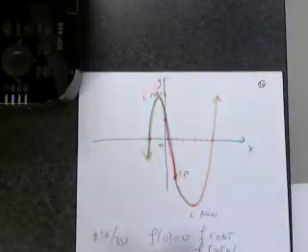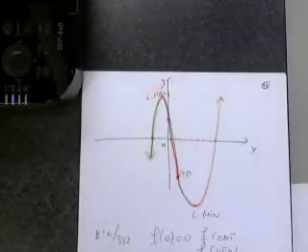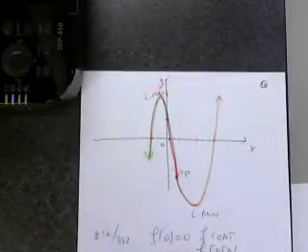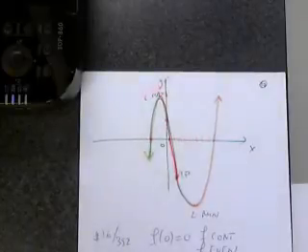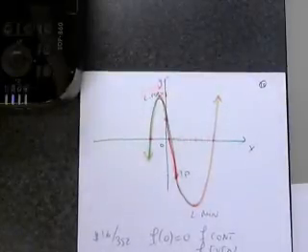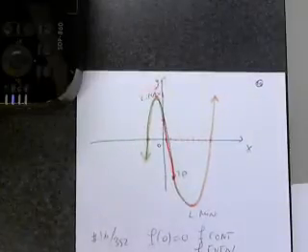F prime of x is 2x for x between 0 and 1. F prime of x is -1 for x between 1 and 3. And f prime of x is 1 for x greater than 3.